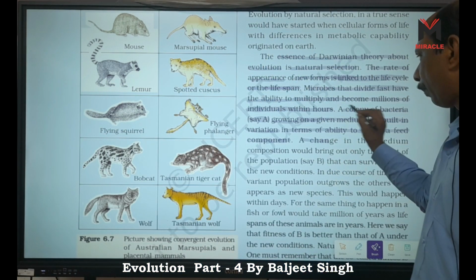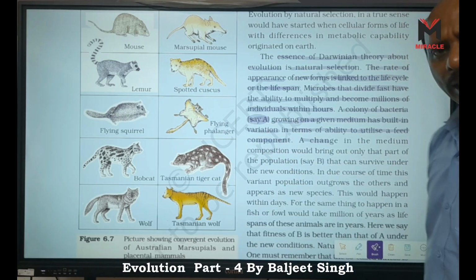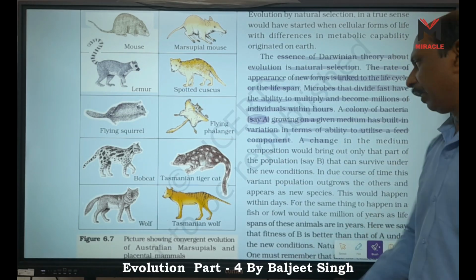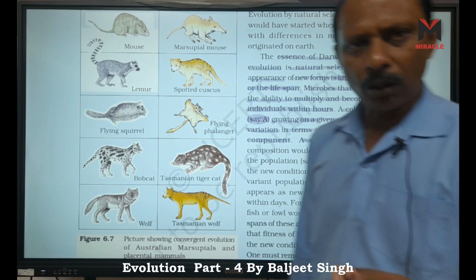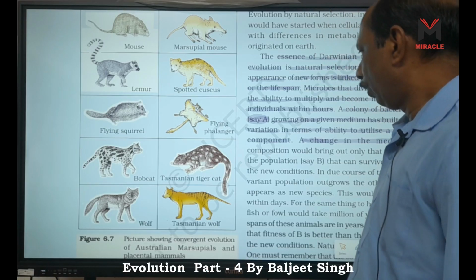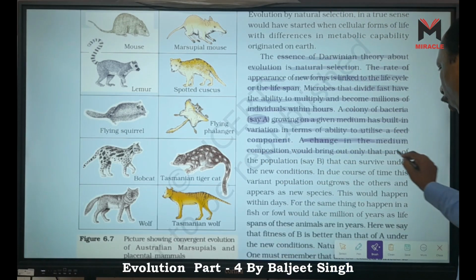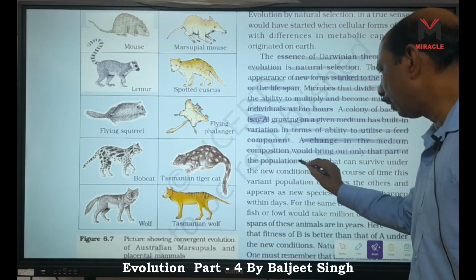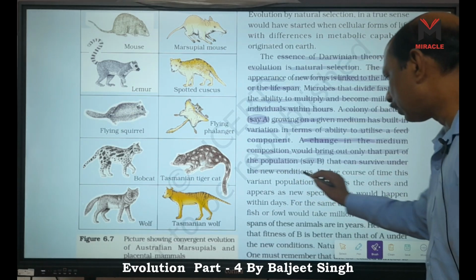Suppose that here we have two colonies. One is called A, and another one is B. A change in the medium, a slight change or a big change we make in the medium composition, would bring out only that part of the population, say B, that can survive under the new conditions.